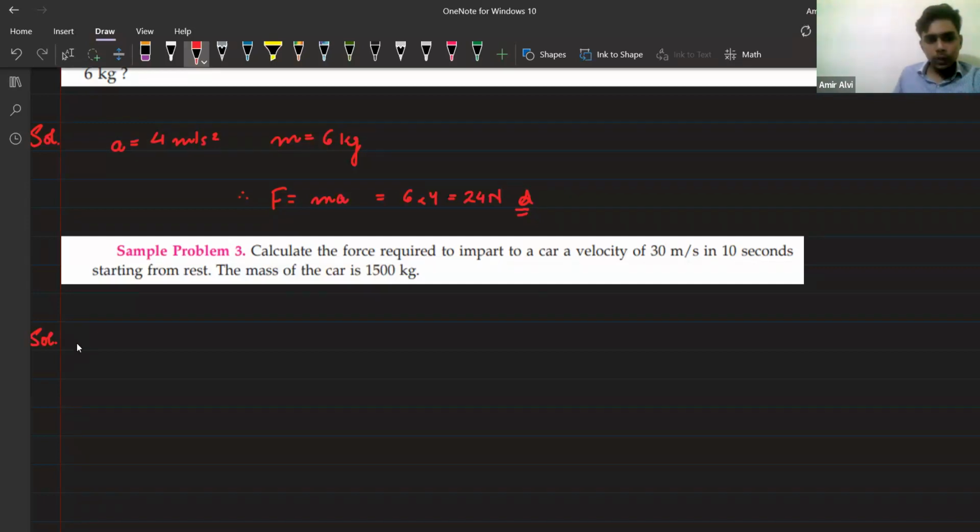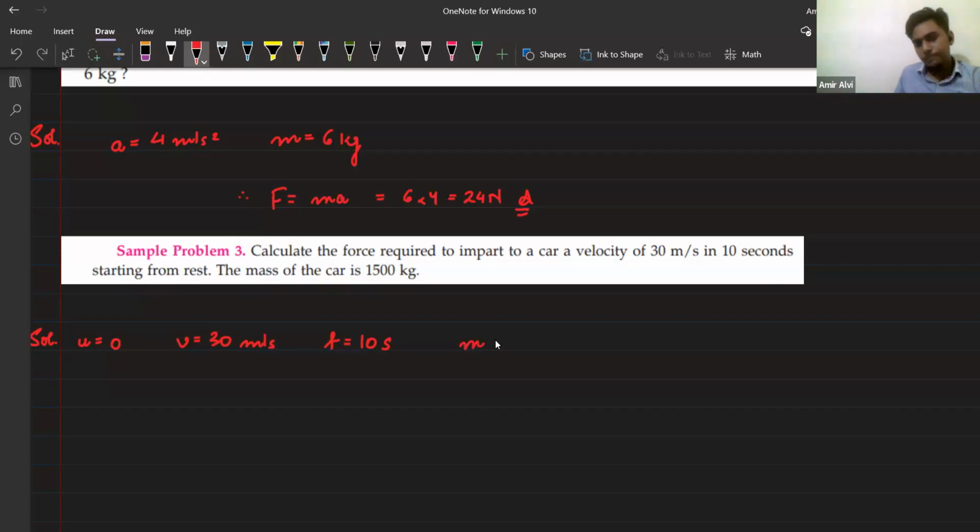So the initial velocity will be 0, right? And it has to gain a final velocity of 30 meter per second in 10 seconds. So time given is 10 seconds. And the mass of the car is given as 1500 kg.